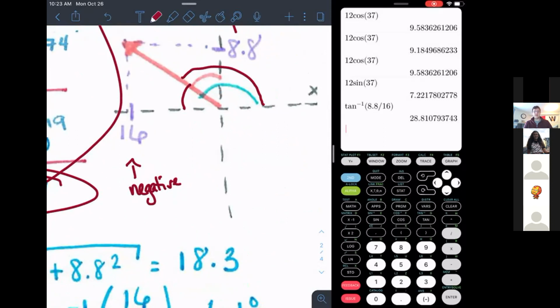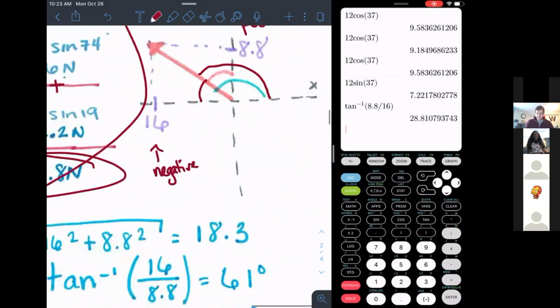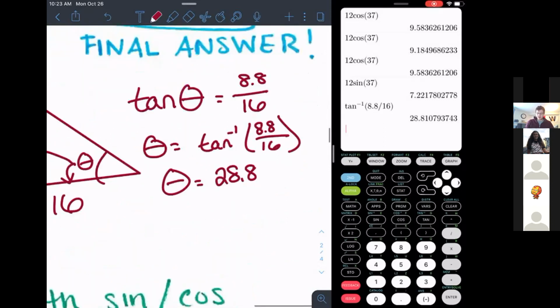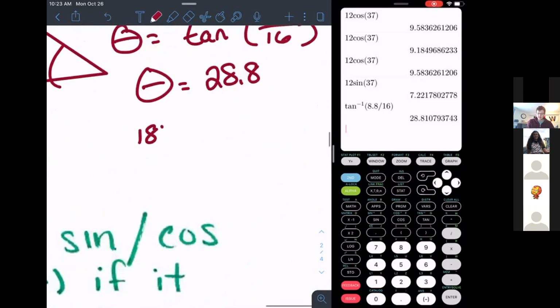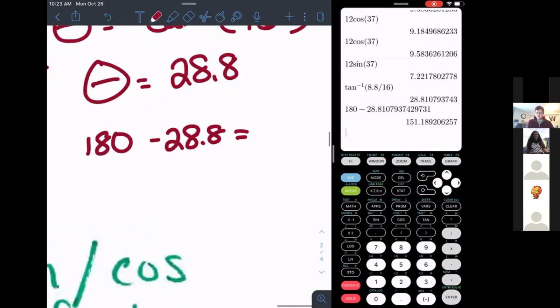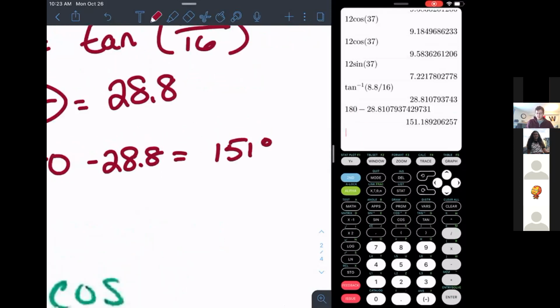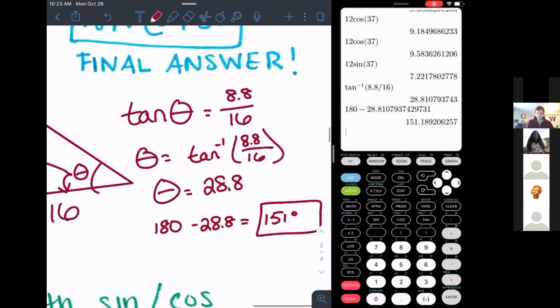Subtract that from 180. Perfect. So if I subtract this from 180, I get 151 degrees, which matches up here.